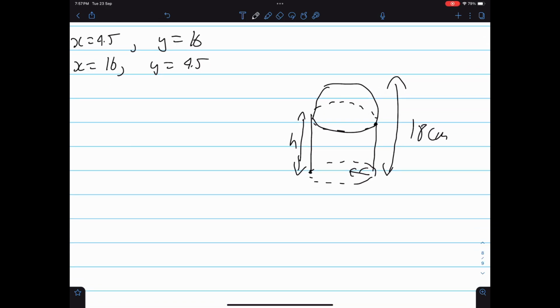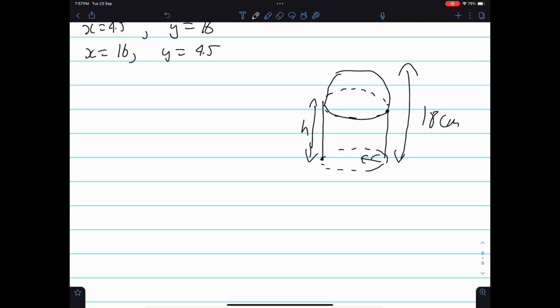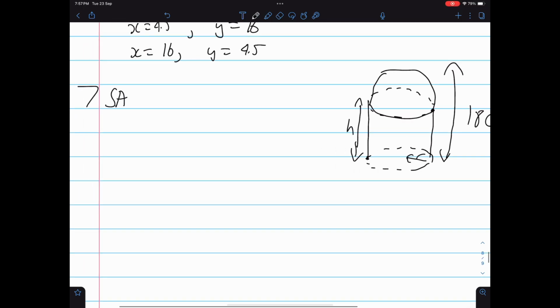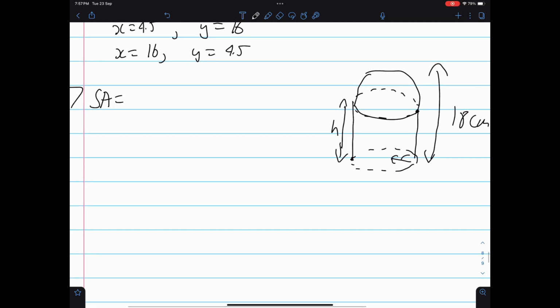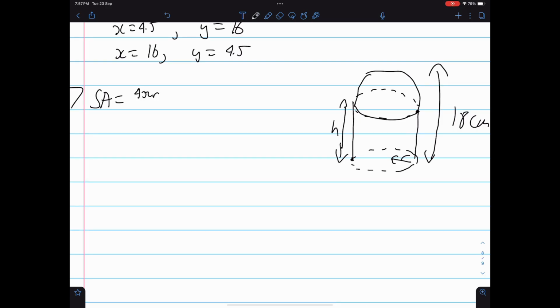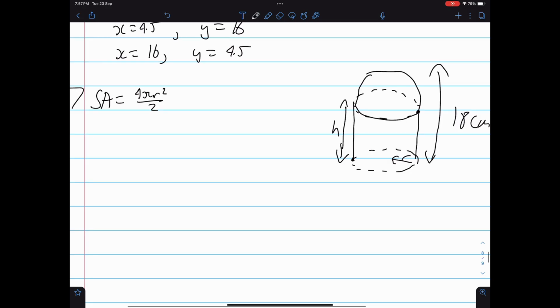Right. So the total surface area will equal 4 pi r squared over 2, because it's a hemisphere.